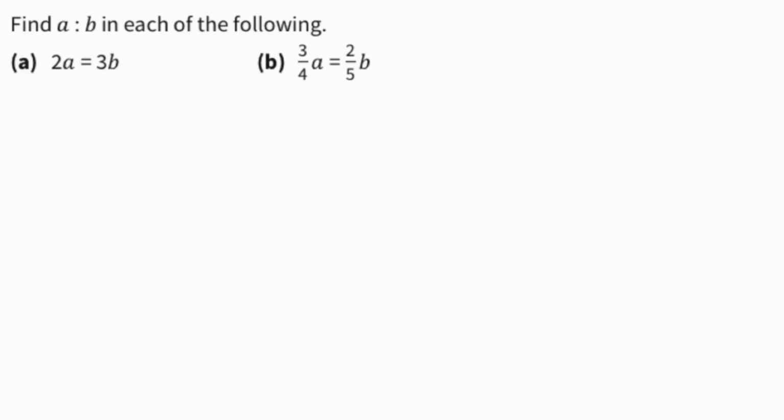Hello everyone, welcome to this question where we are required at the end of the day to find what A is to B, given the following equation. Okay, for such questions, do take note of the relationship between a fraction form and the ratio form.